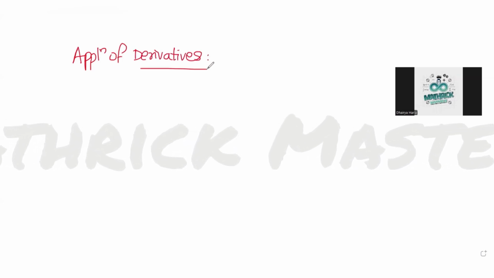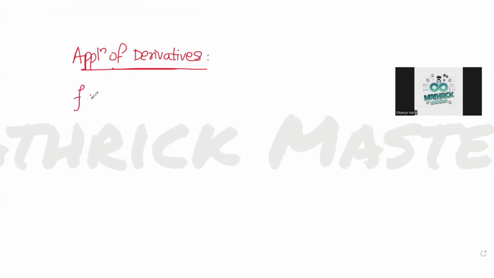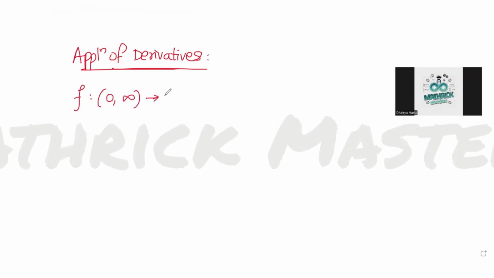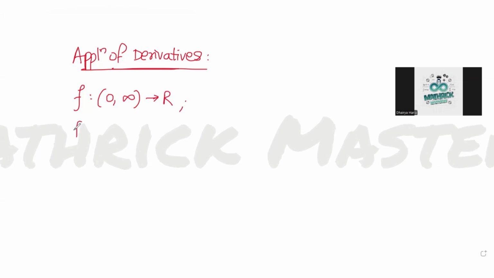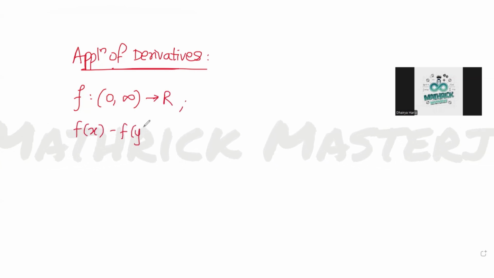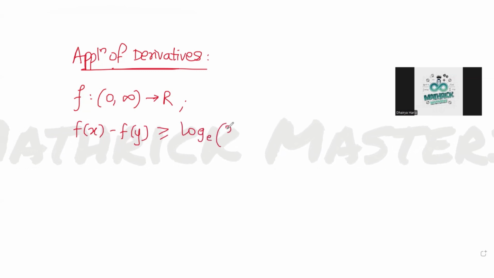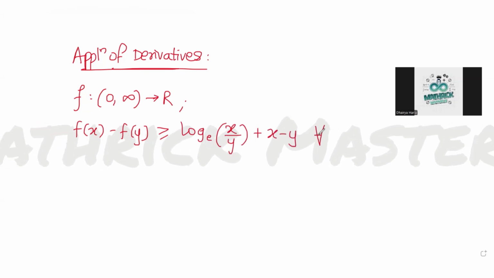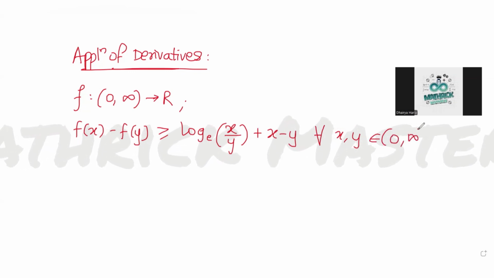The question tells us that for a differentiable function f which goes from 0 to infinity, where this function can be defined for any real value r, they have given us a condition that says f of x minus f of y is greater than or equal to natural log of x over y plus x minus y. And this is true for x and y, which can be anywhere from 0 to infinity.